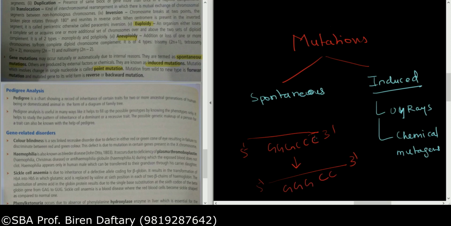I have deleted this nucleotide. So what is the difference between these two DNAs? The only difference is that this C is missing. So there is a change only in one nucleotide, and this type of mutation is called a point mutation.